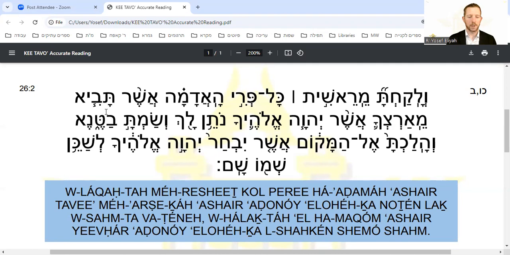Tav is made with the tip of your tongue touching the roof of your mouth near your two front upper teeth, whereas tet is produced with the tip of your tongue, but the contact is further back in your mouth, closer to where the roof of your mouth begins to arch up, as opposed to near your teeth, where the roof of your mouth is more flat. Vatana. We know to accent the syllable of the tet because it has the cantillation mark, the tam.